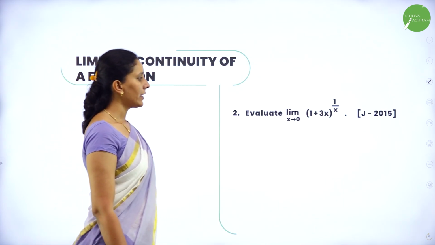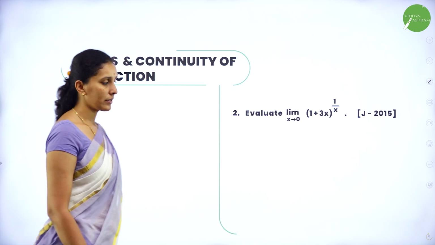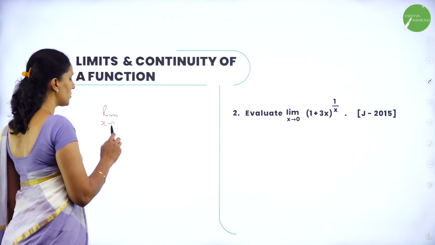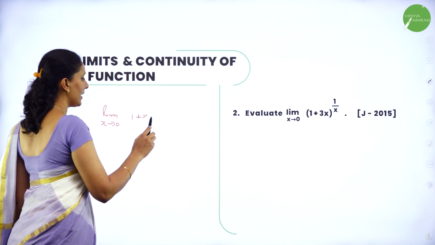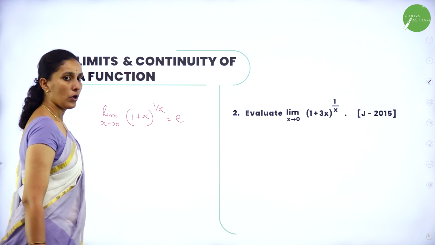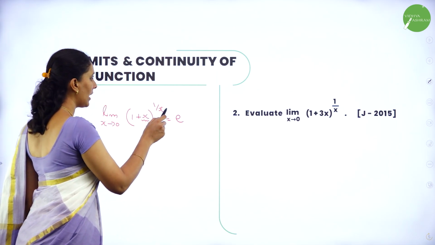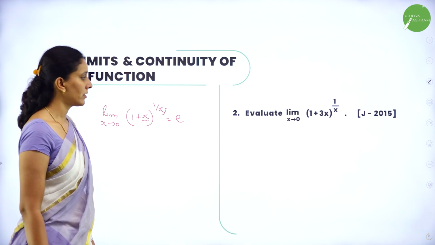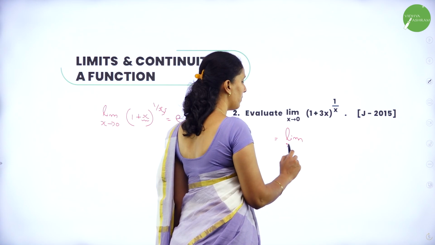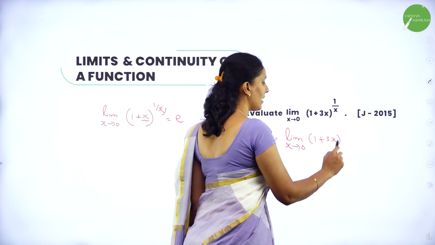Next, limit x tends to 0, 1 plus 3x to the power 1 by x. We have a standard limit, that is limit x tends to 0, 1 plus x to the power 1 by x is equal to e. So whatever the value of x is there here, the same should be in the index. So here I'll write the limit here by multiplying 3 here.